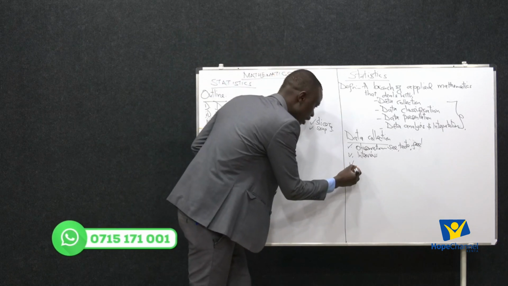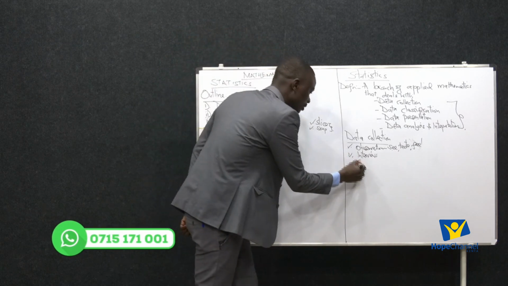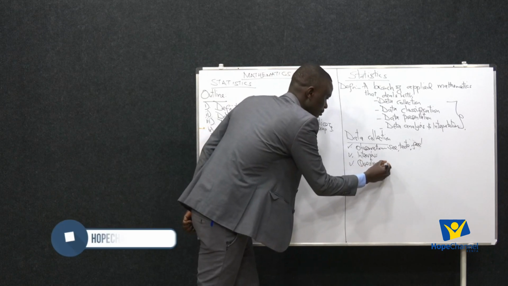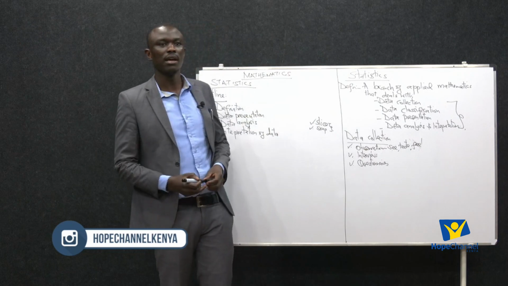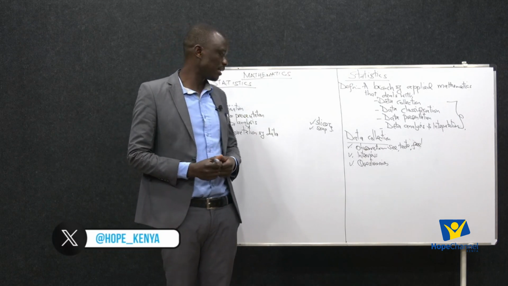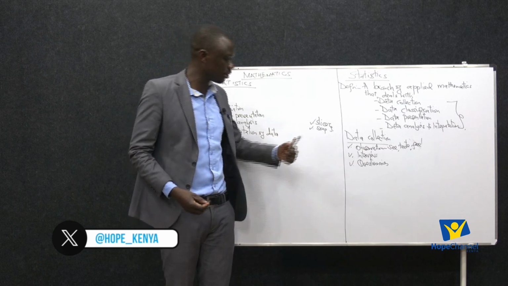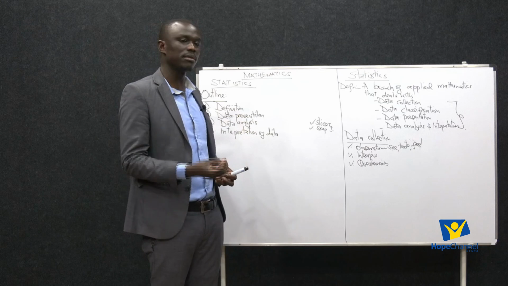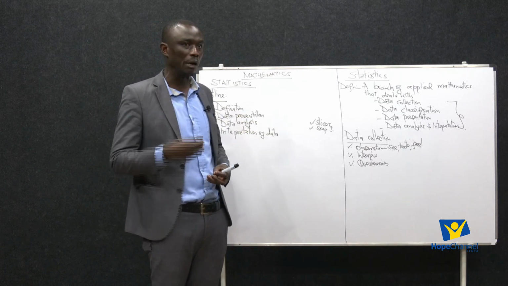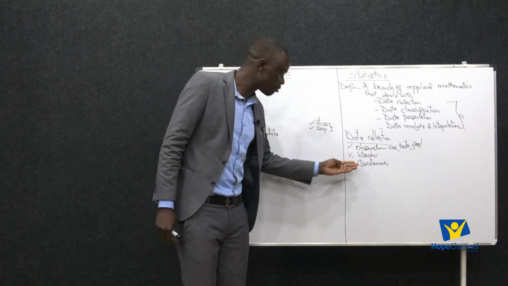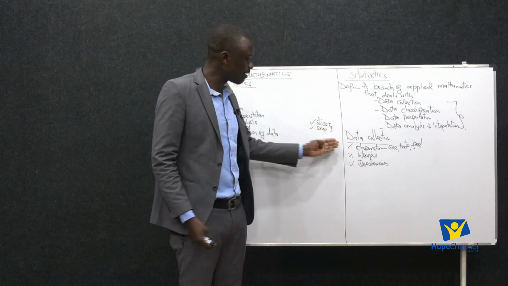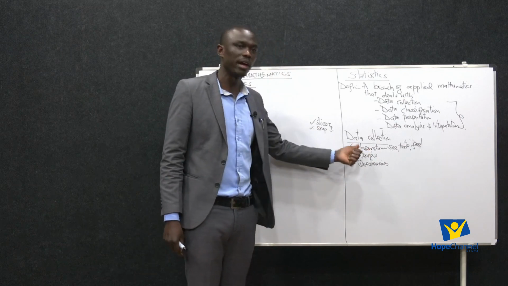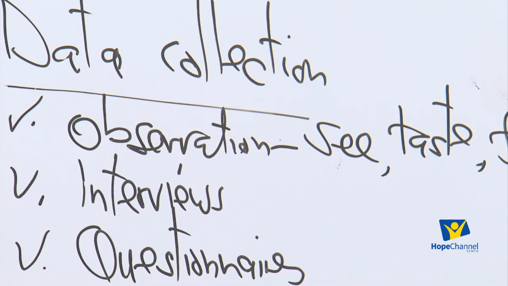We also have what is called questionnaires. A questionnaire is mostly written questions. Sometimes you're required to answer them anonymously. That is a questionnaire. So we can have other methods, but the most common ones are observation, interviews, as well as questionnaires.